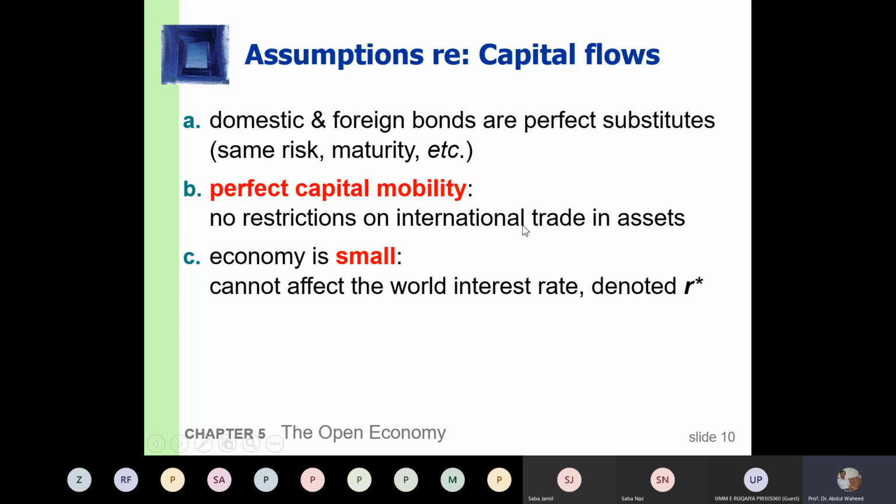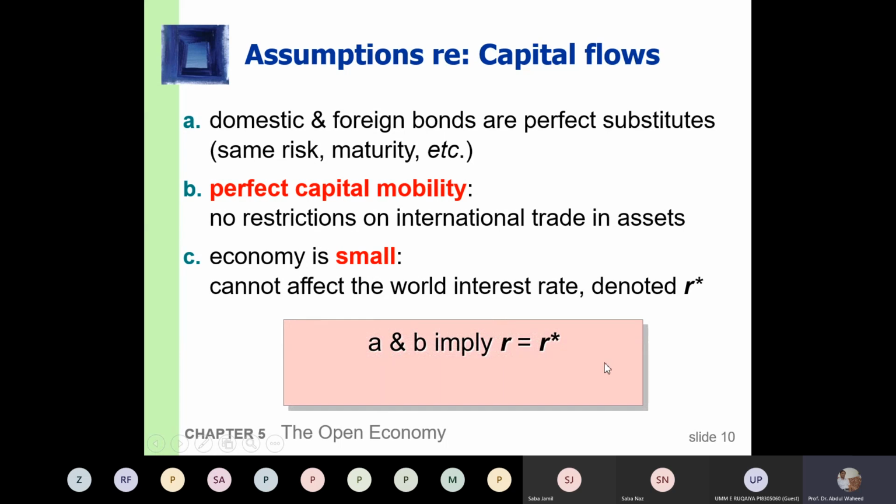So with all these assumptions, this shows that the domestic interest rate would be equal to the foreign interest rate, or world interest rate, because there is perfect capital mobility. If risk and maturity are the same and there is perfect capital mobility, then the domestic interest rate should be equal to the foreign interest rate.